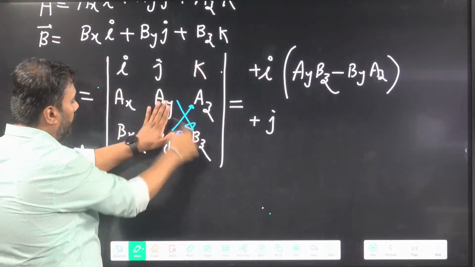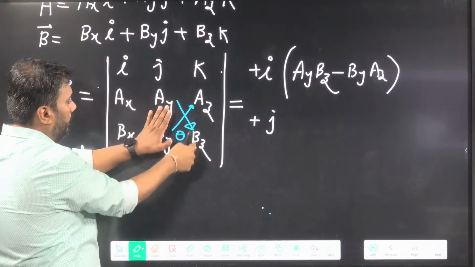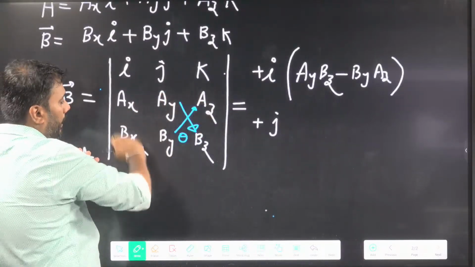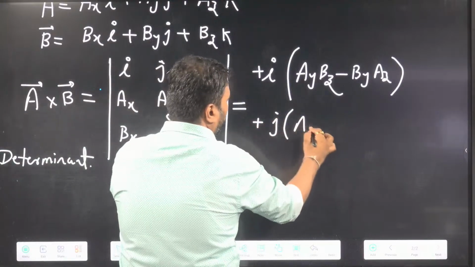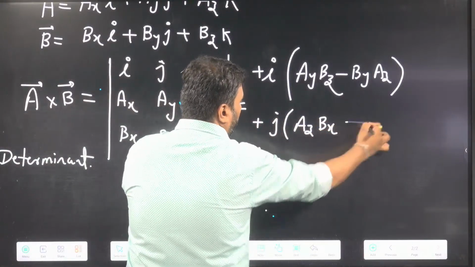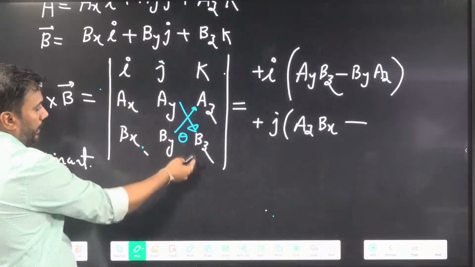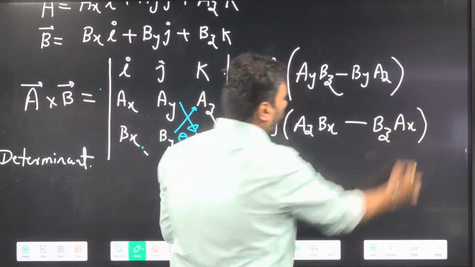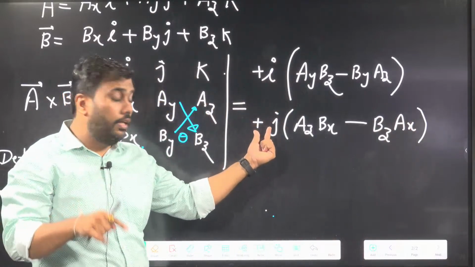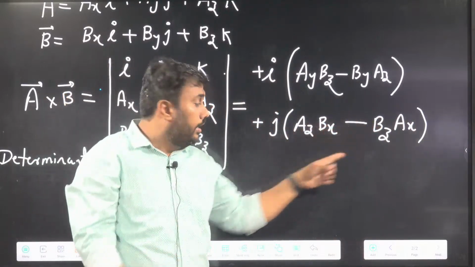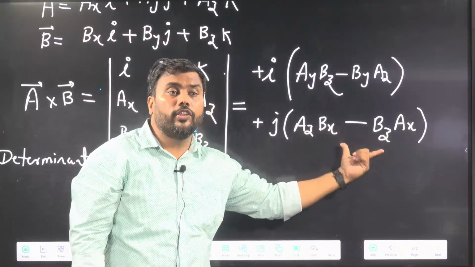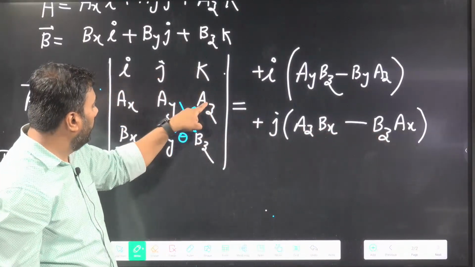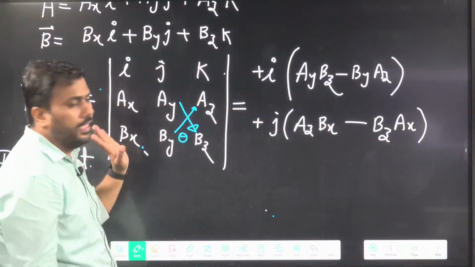Then you are left with these 4 terms. I will multiply AZ with BX, then put a negative sign, BZ with AX. So if you are multiplying j, there will be only Z and X multiplication of A and B. Starting with j: AZ BX minus BZ AX.